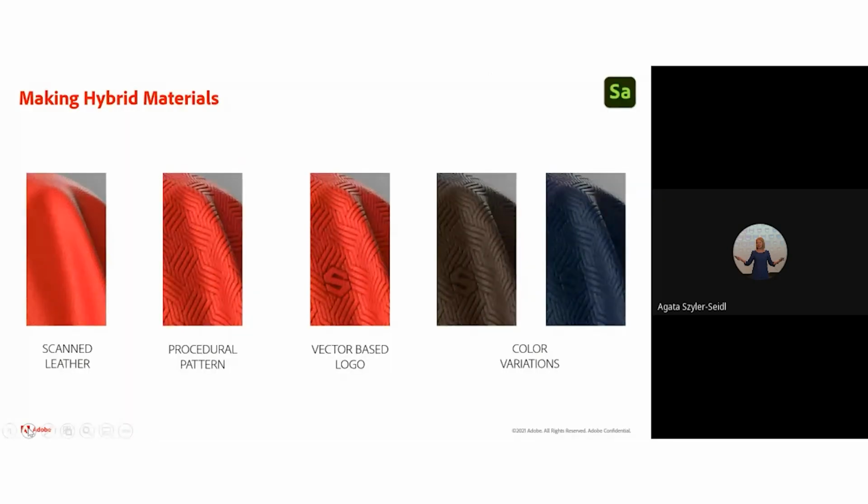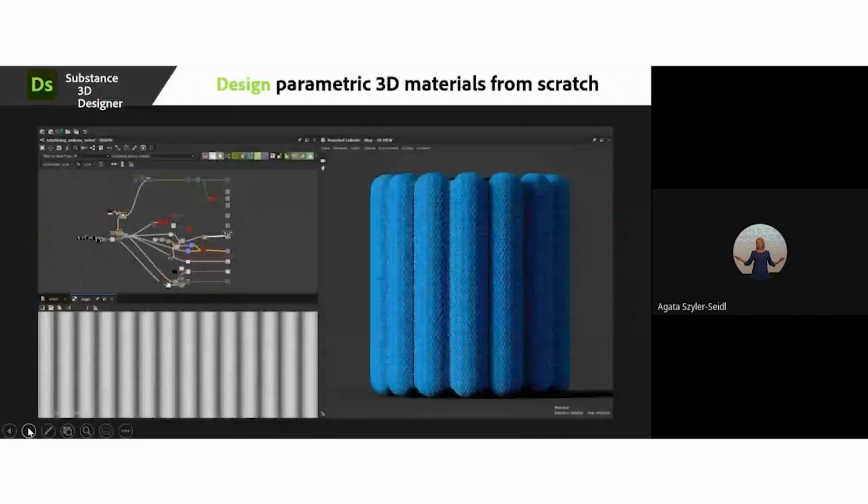There are more examples, of course, but what is important for you to know is that Adobe brings you additional innovation. Wherever you need any kind of texture, if it's scanned leather or any other pattern, it can be done in much less time than the traditional way of working.